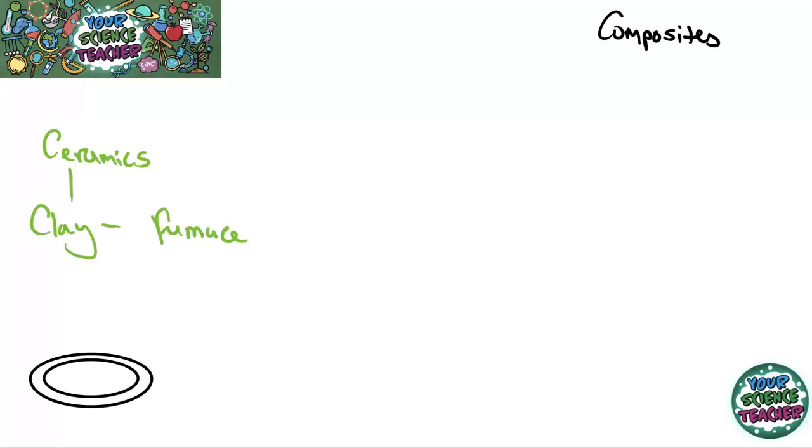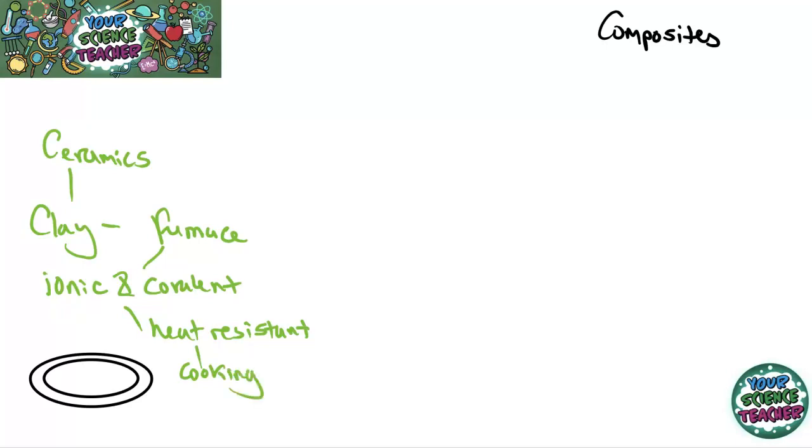But when you heat it up in this furnace, it creates a huge lattice structure with lots of ionic and covalent bonds. And this makes ceramic materials incredibly heat resistant, which makes them perfect to be used in cooking equipment and plates and things like that.